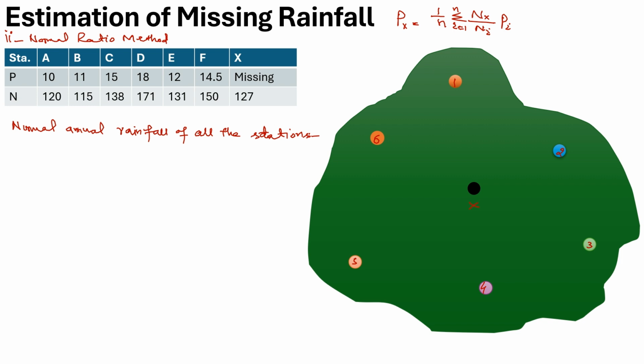Here Nx and Ni are the normal rainfalls. Nx is the normal rainfall of the missing station, while Ni will be the normal rainfall of the relevant station.